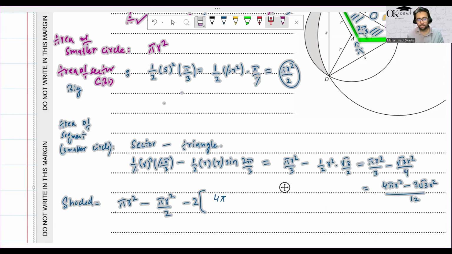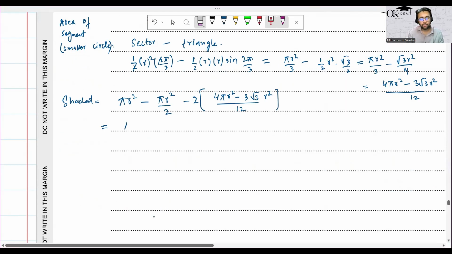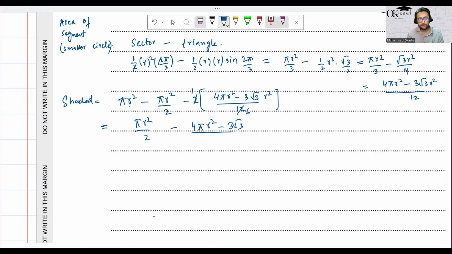Okay, now pi r squared minus pi r squared by 2, if you do the maths, you are going to get, 2 ones are 2, 2 sixes are 12, so I'll be left with 4 pi r squared minus 3 square root 3 divided by 6 r squared.